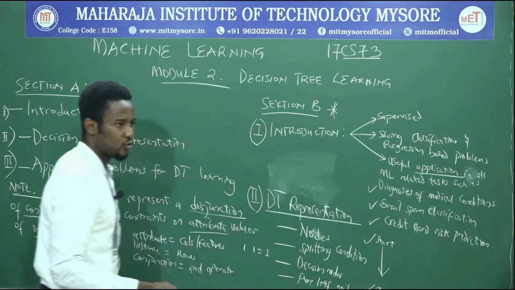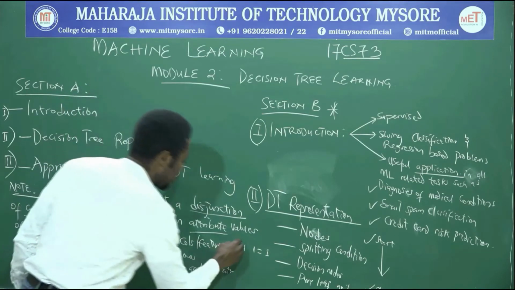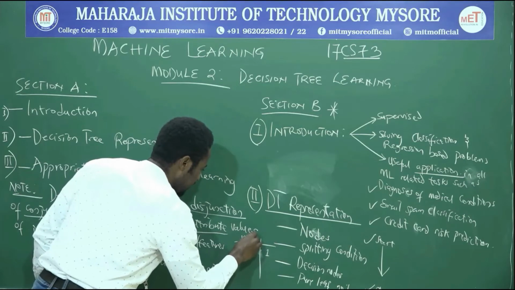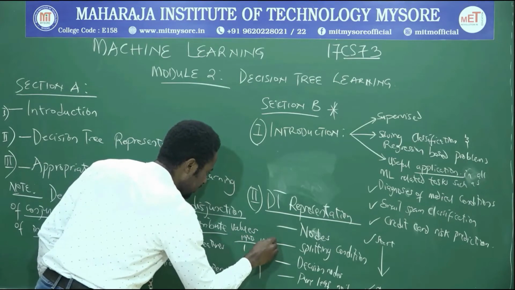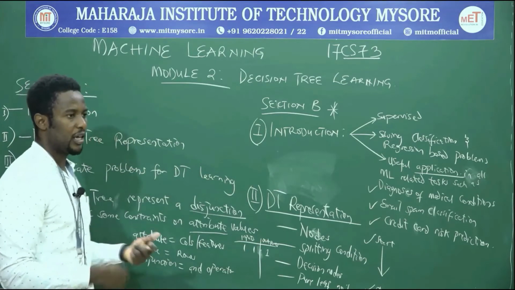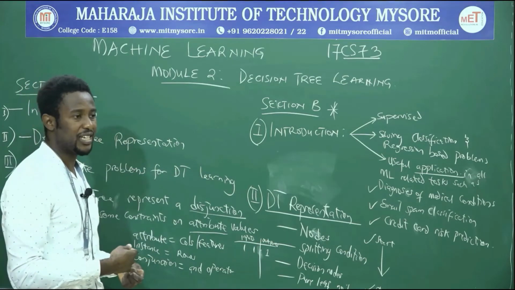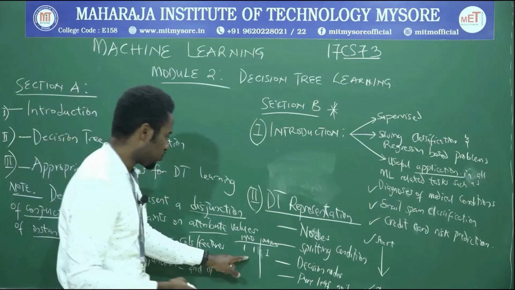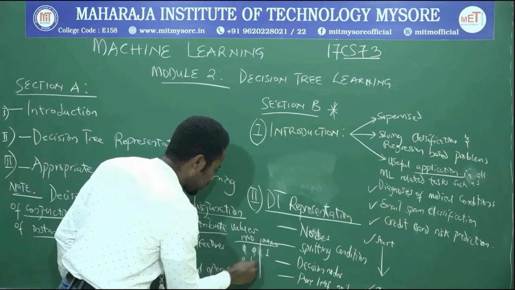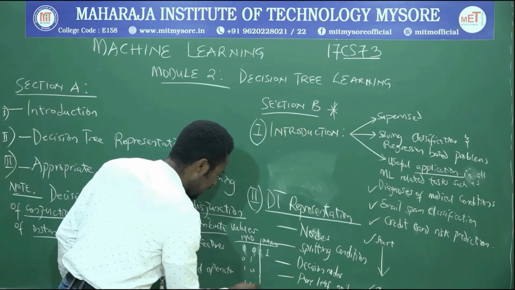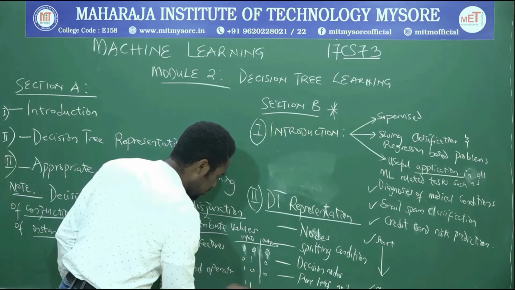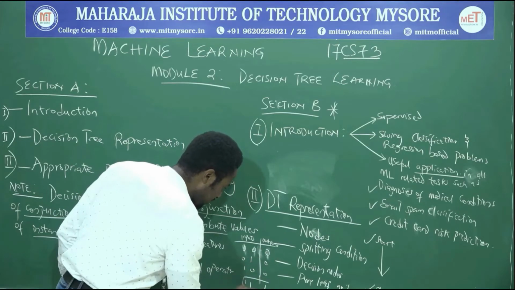So you can see conjunction as a multiplicative operation. Let's take the truth table: 0,0; 0,1; 1,0; 1,1. So 0 into 0 is 0, 0 into 1 is 0, 1 into 0 is 0, 1 into 1 is 1. This is what we are concerned about.